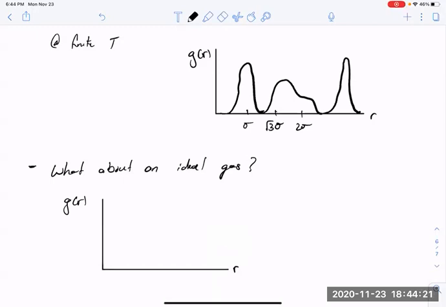Well, does an ideal gas have any structure? No, in fact, we imagine in an ideal gas, a particle takes up no space. So in fact, they are uncorrelated. So that G of R should be flat and set to just 1. Uncorrelated particles have no modulation in this function, the G of R.